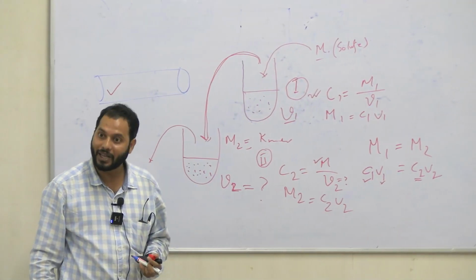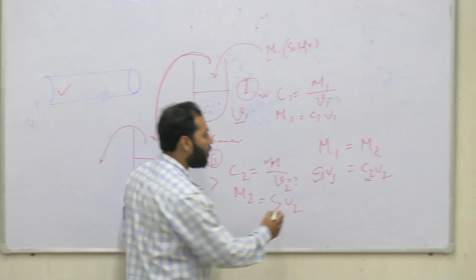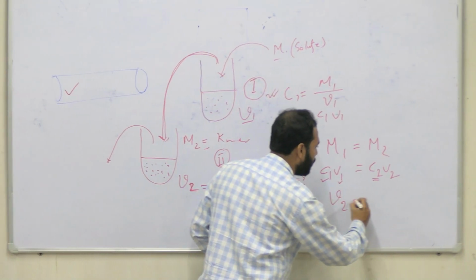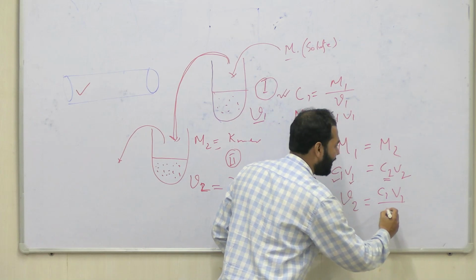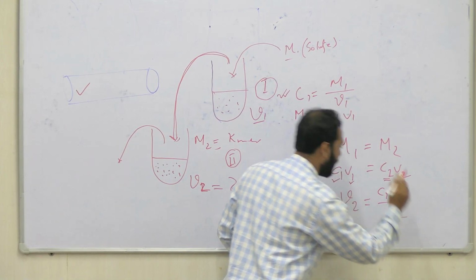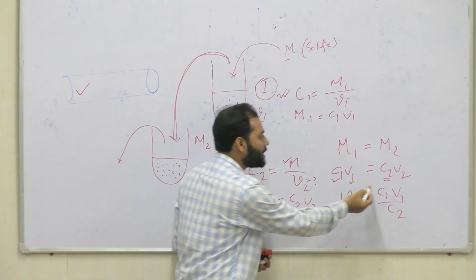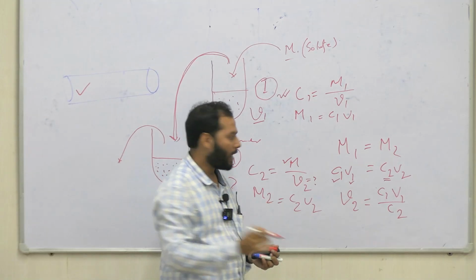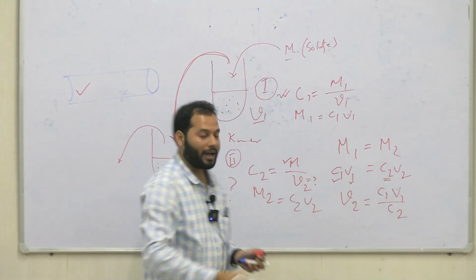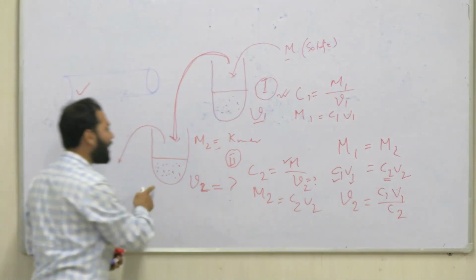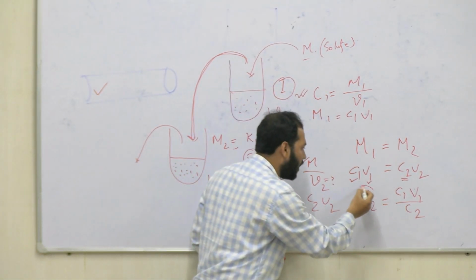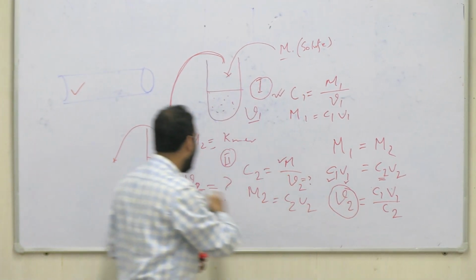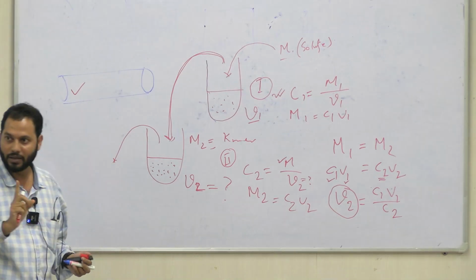We already determined that one, right? So what would be the volume? That is V2 is equal to C1V1 by C2, right? Now C1 is already known, V1 is also known, and C2 was just determined from this tube. Now we can easily determine the volume of this tube, right?